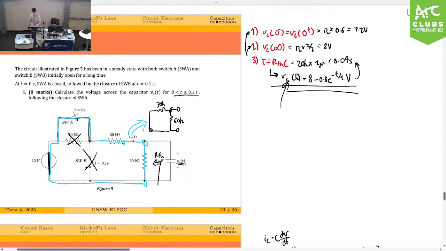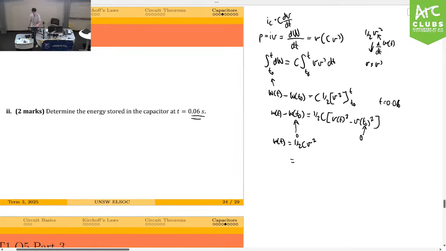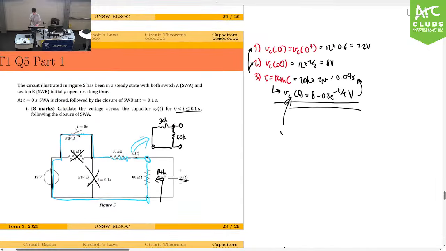Well, we want to find that when we evaluate at t is equal to 0.06. So if I just sub that in, you get about 7.82, I think. Yeah. So if I take this previous equation, if I evaluate at 0.06, I get 7.82.